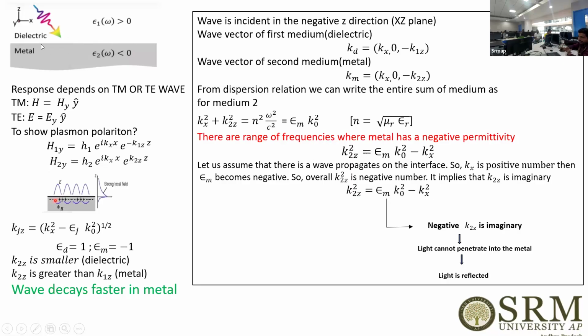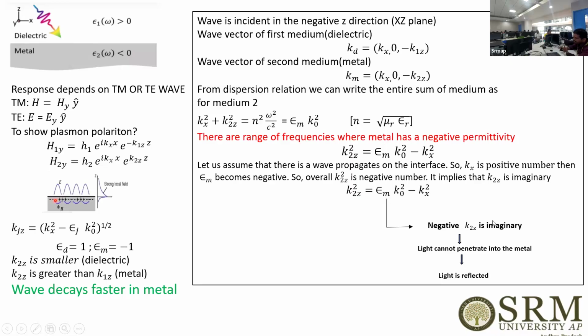So the metallic medium has a complex imaginary term. The refractive indices are very complicated on that metallic surface. That's why finally you get k2z square as negative, which indicates k2z is imaginary. The propagation wave vector in the metallic medium is imaginary.